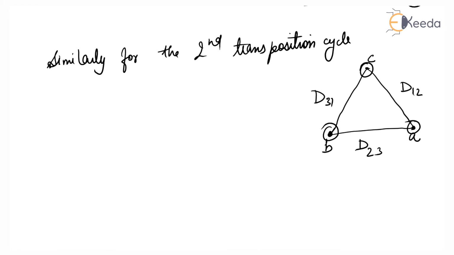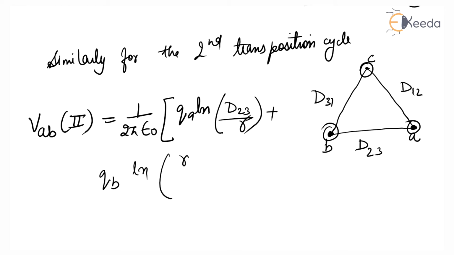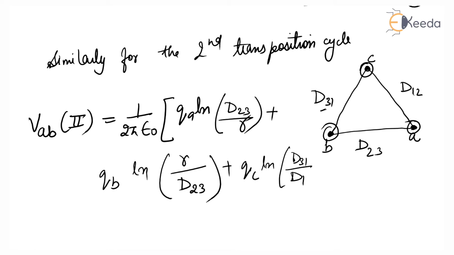So VAB for the second transposition cycle is equals to 1 upon 2 pi epsilon naught, QA log D23 by r from A to B, plus QB log r by D23, plus QC log D31 upon D12, from B to C. This is equation number 2.